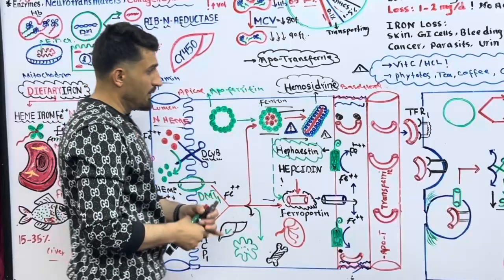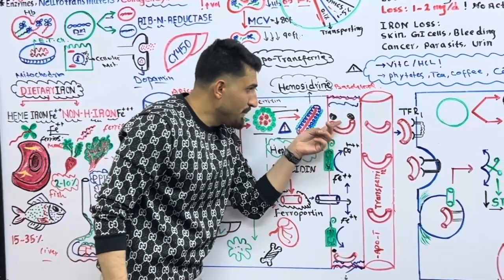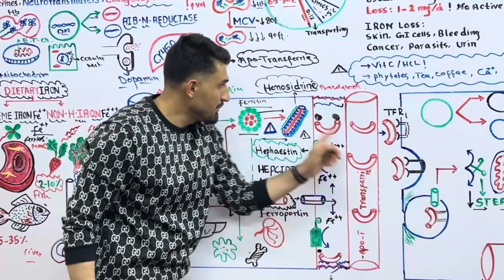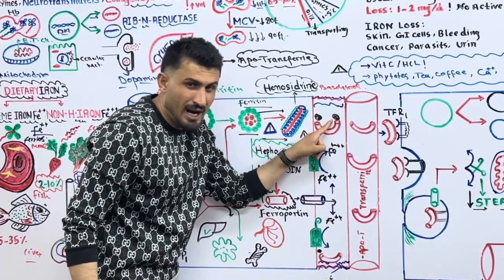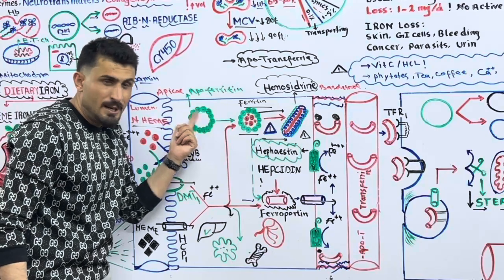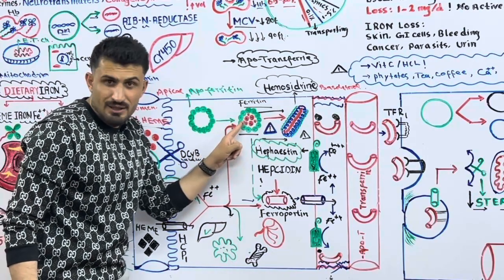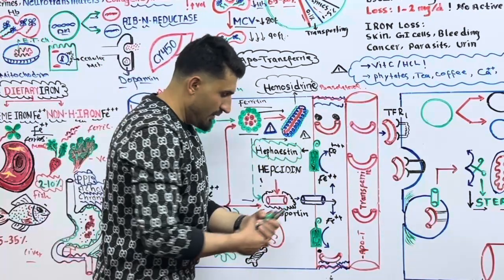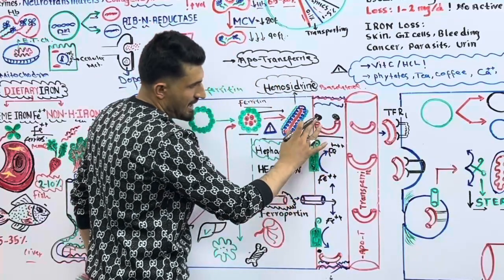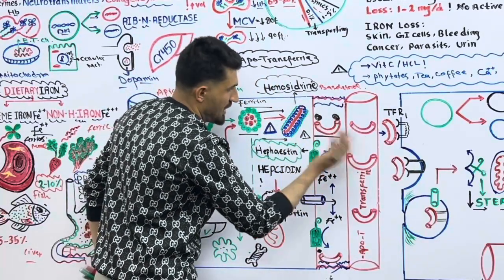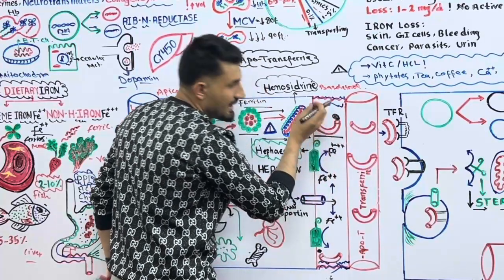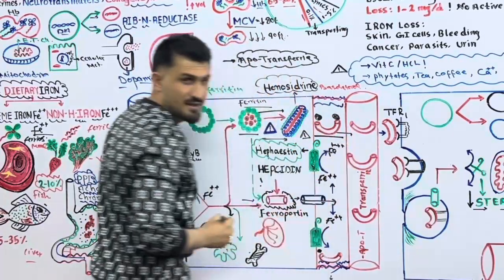So apotransferrin plus iron is called transferrin. Here apoferritin plus iron is called ferritin. Got it? So this transferrin, the molecule with iron, enters the blood circulation.